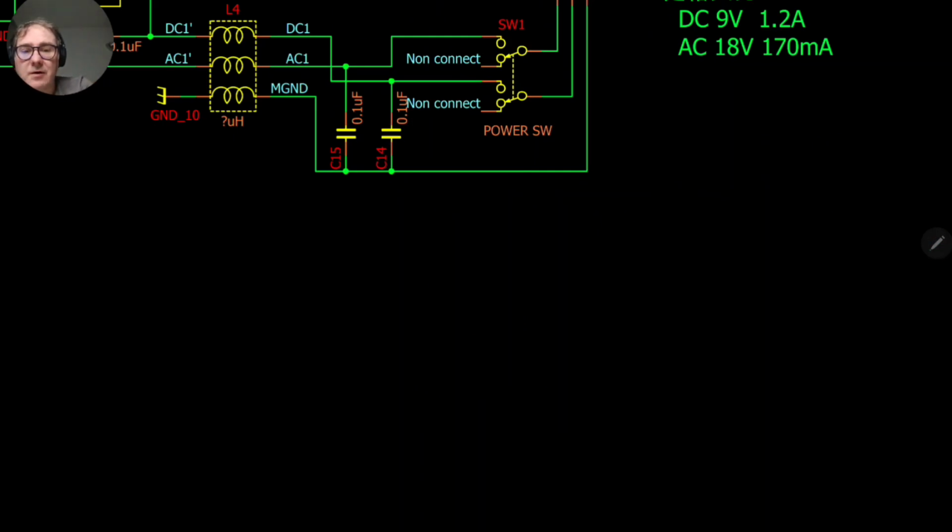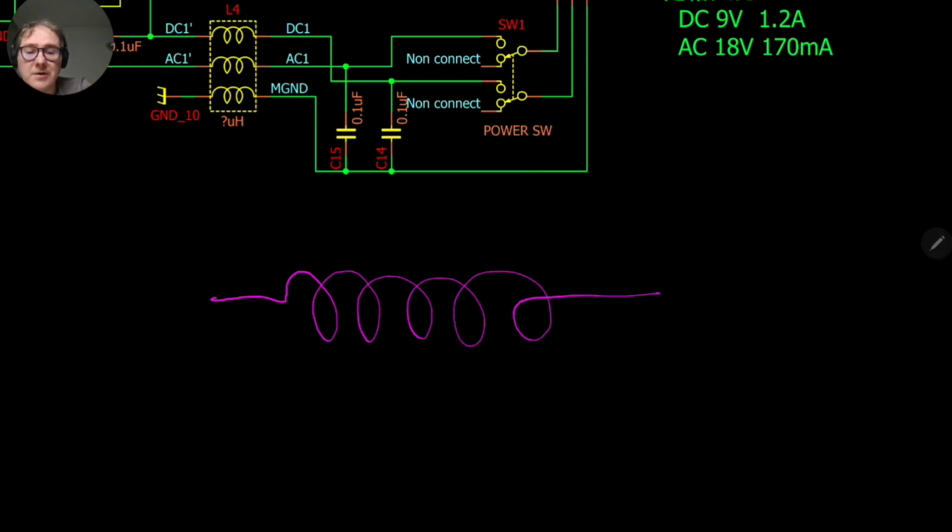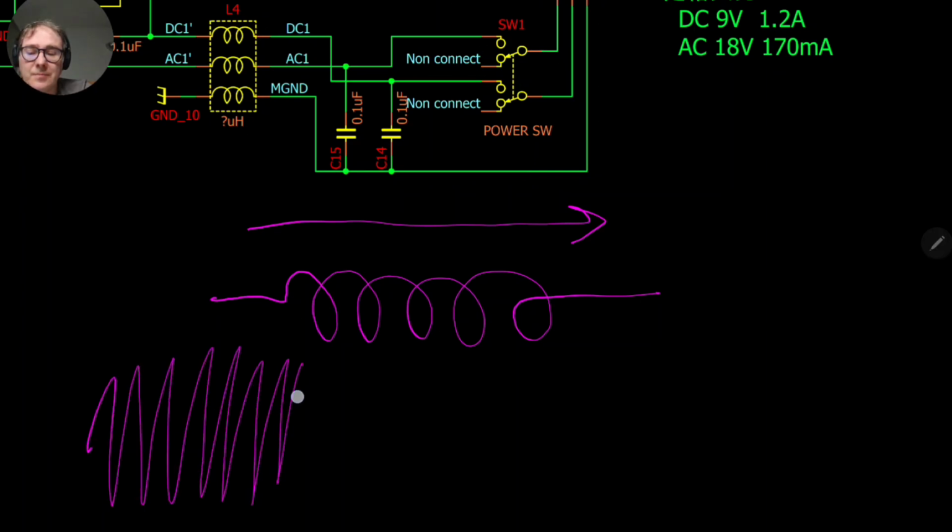The idea of a coil is that you can draw it like this. It looks like this in practice. It allows DC current to go through. If you have AC current, let's say like this, a high frequency, it is blocked.